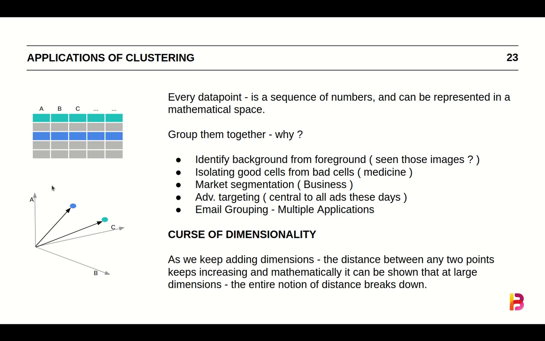As soon as you increase the number of dimensions, this distance keeps increasing. And at a particular point, every distance between every two pair of points becomes infinitely large. So at that point we lose our ability to calculate distances, and all the algorithms cease to function at that point of time.